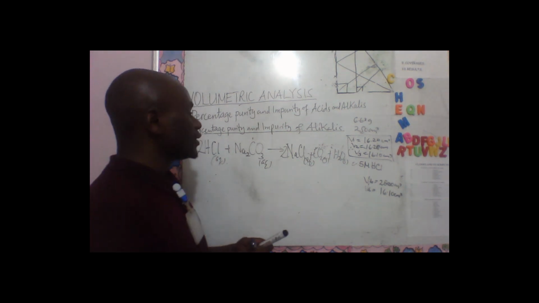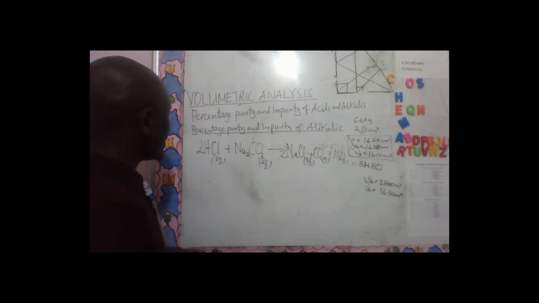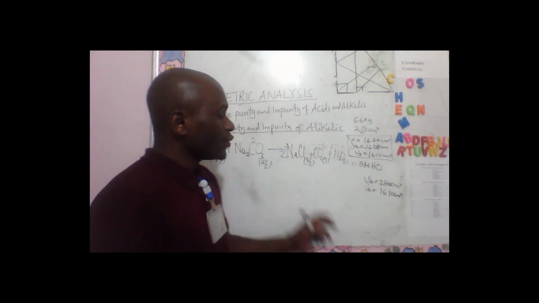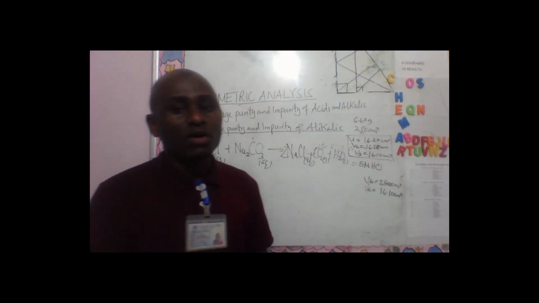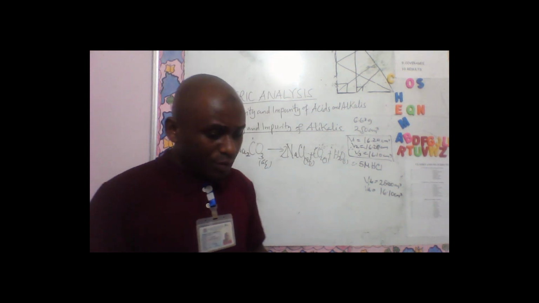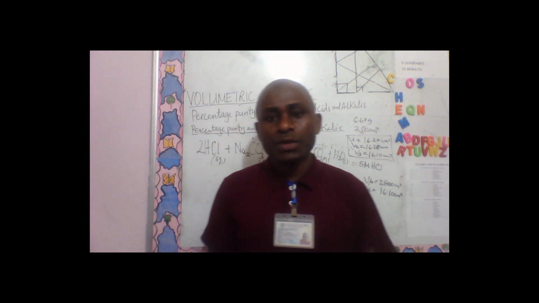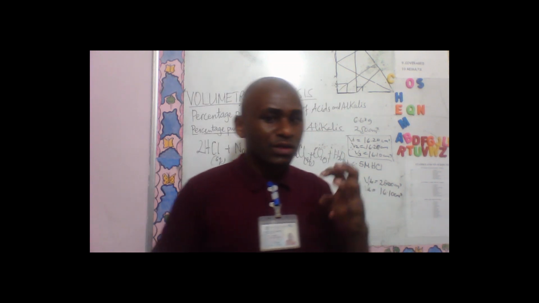Once our equation has been balanced, we are supposed to know the number of acid and the number of base. How can we know the ratio between acid and base? We take the reactant side, not the product side.